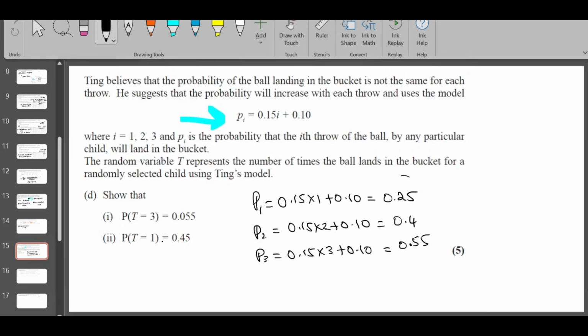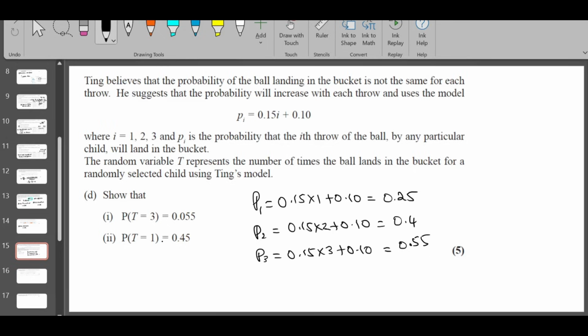These are just probabilities. Don't think that the sum of these probabilities should be equal to 1. Not necessarily. You can see the probability is getting higher and higher. In the first throw the probability is low, and when you throw a second time you are getting better, so the probability gets bigger. In the third throw, it's 0.55. Now i is 1, 2, 3.